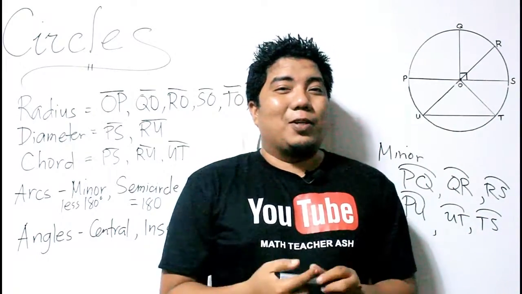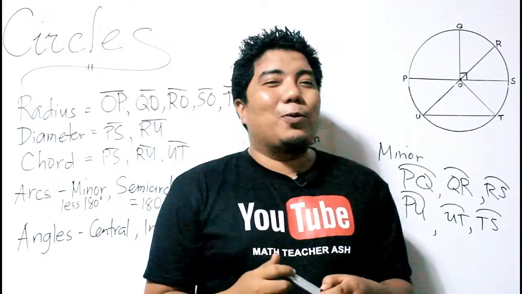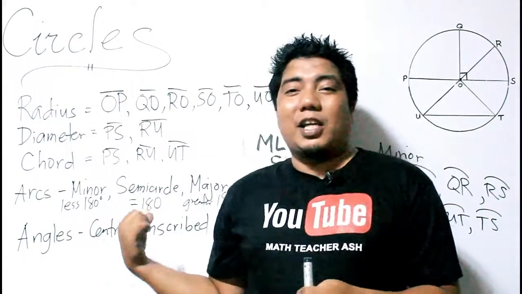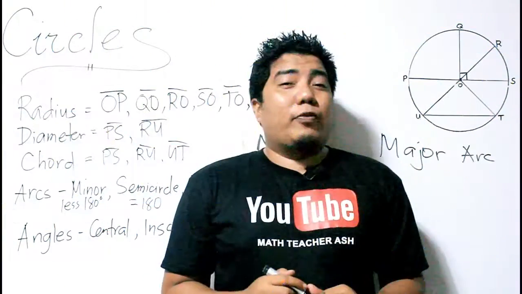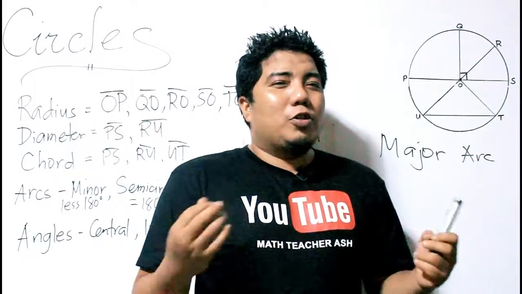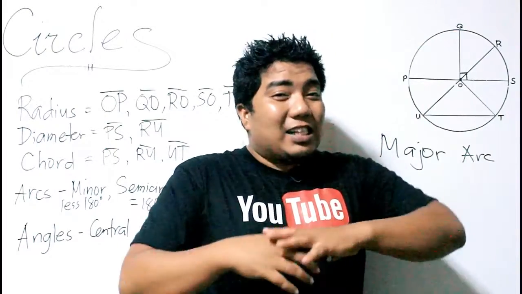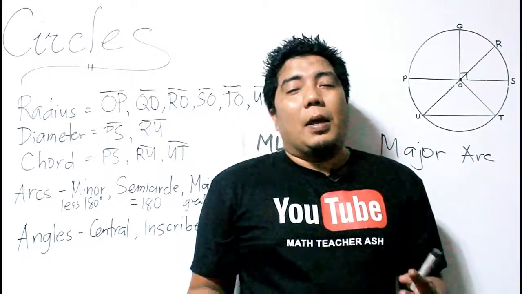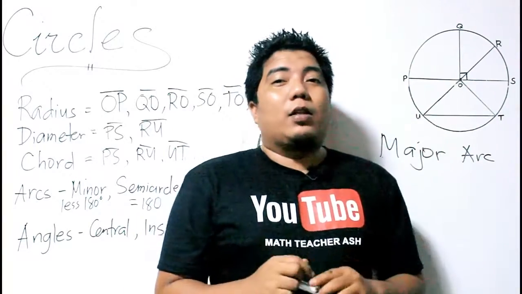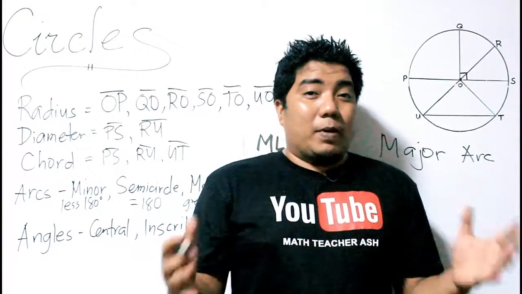Easy, right? So, now let us go to the third categorization, the major arc. For the major arc, my dear math learners, you just need to make an arc that is bigger than a semicircle, meaning that you will surpass the 180 degrees arc measurement.